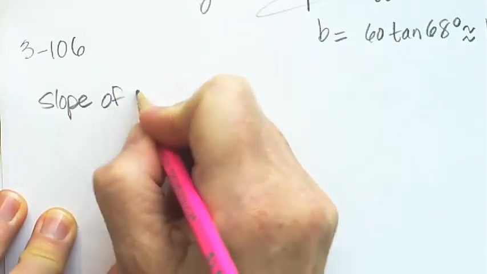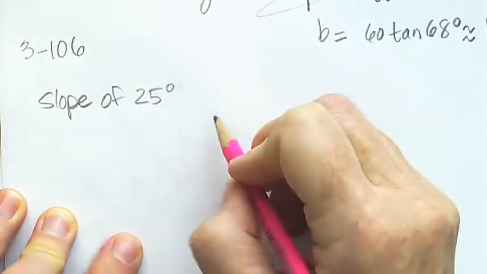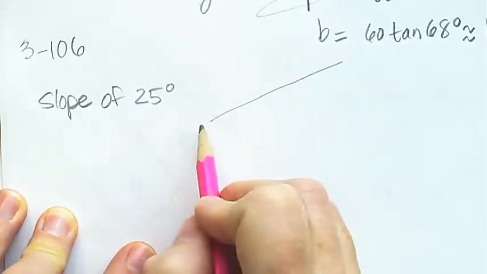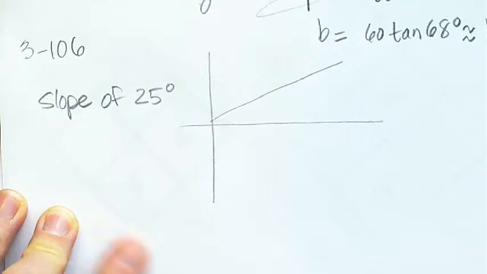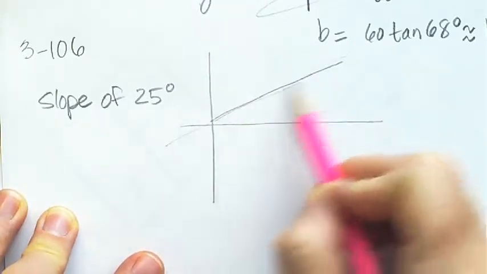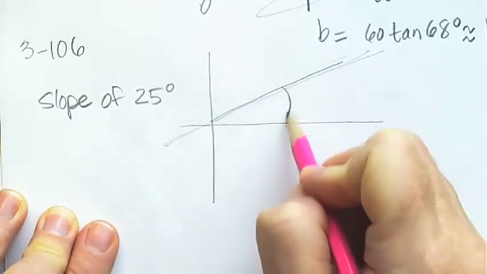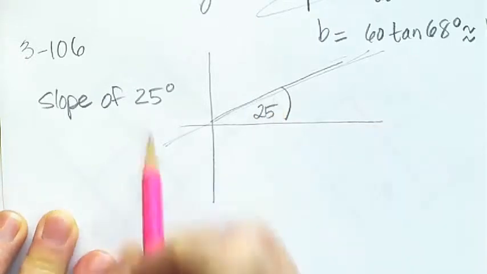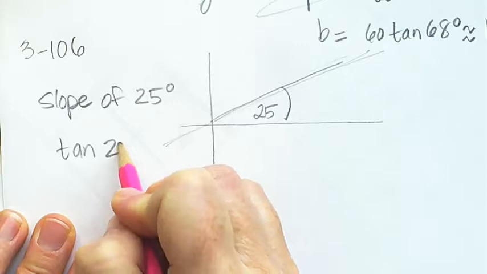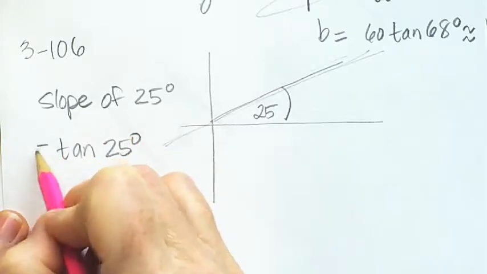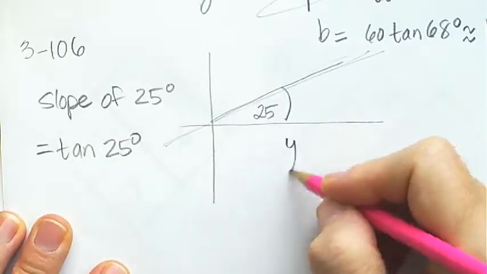So a slope of 25 degrees would be kind of not too steep. And we're assuming that the slope is positive. It's going uphill. So the slope is positive, and we know that the slope of 25 is equal to the tangent of 25 degrees.